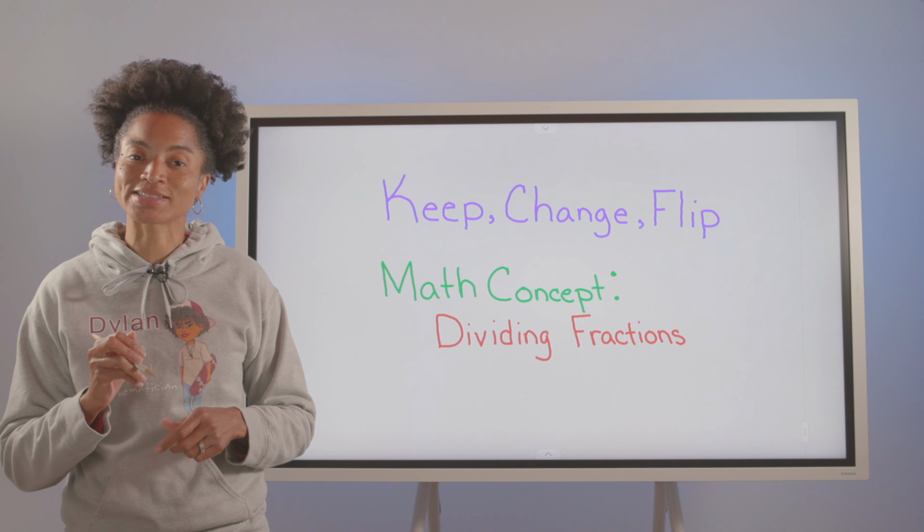Keep, change, flip. New objective, the goal is dividing fractions. Take this lesson and put these methods to action. First step, if you see a mixed number fraction, take the necessary steps to change it to an improper fraction. Then you keep the first fraction the same. Change that division sign to a times sign.